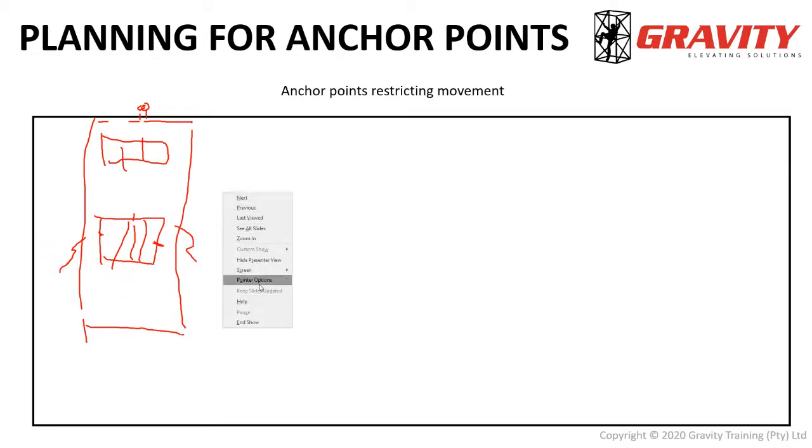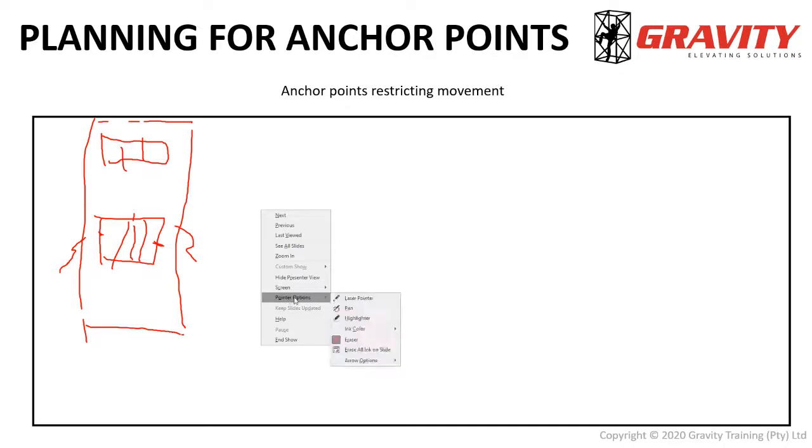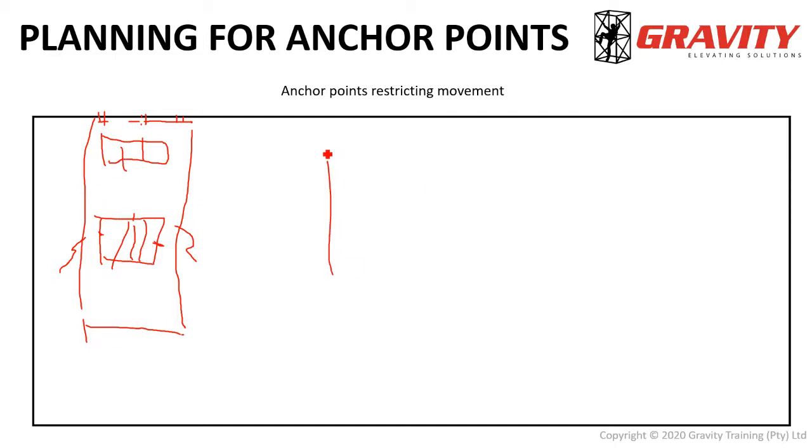So the obvious choice and the best choice in your planning phase is to predict that and to then have anchor points on all three areas so they can move the ropes and whatever system they're using to wherever they need it.